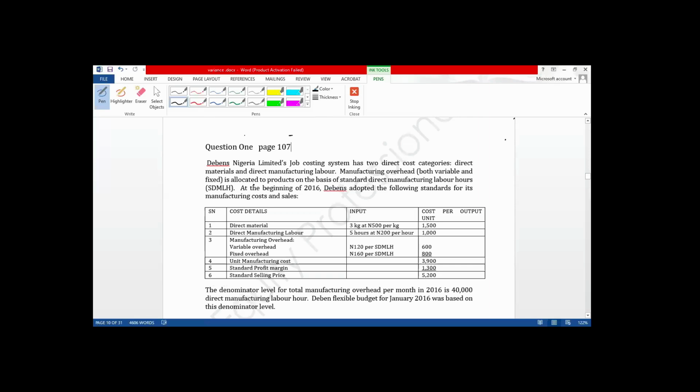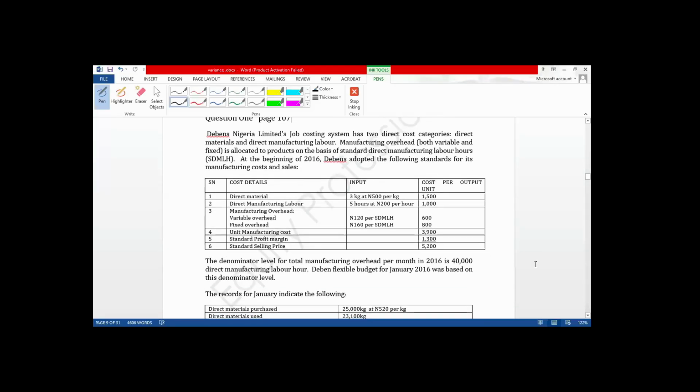Look at the standard table. Direct material under standard is 3 kg at a price of 500 naira per kg. Standard material price per kg is 500 naira.